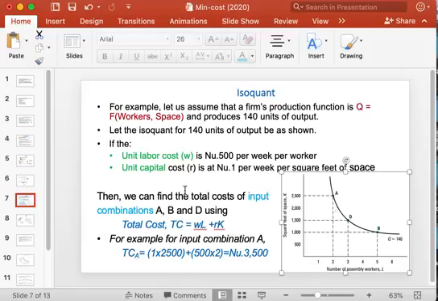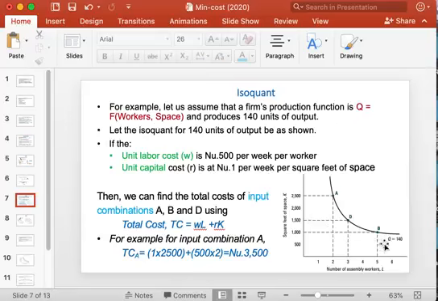Now if the labor cost W is equal to 500 per week per worker and the unit capital cost R is equal to 1 Newton per week per square feet of space, then we can find the total cost of any input combination.